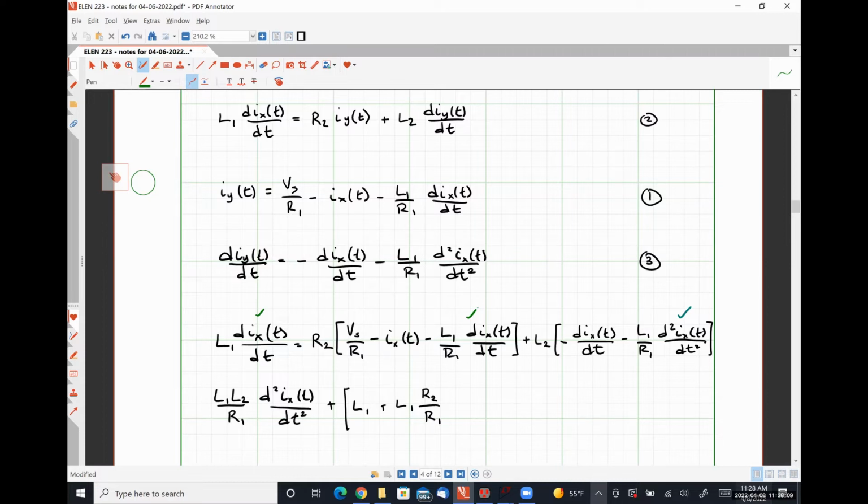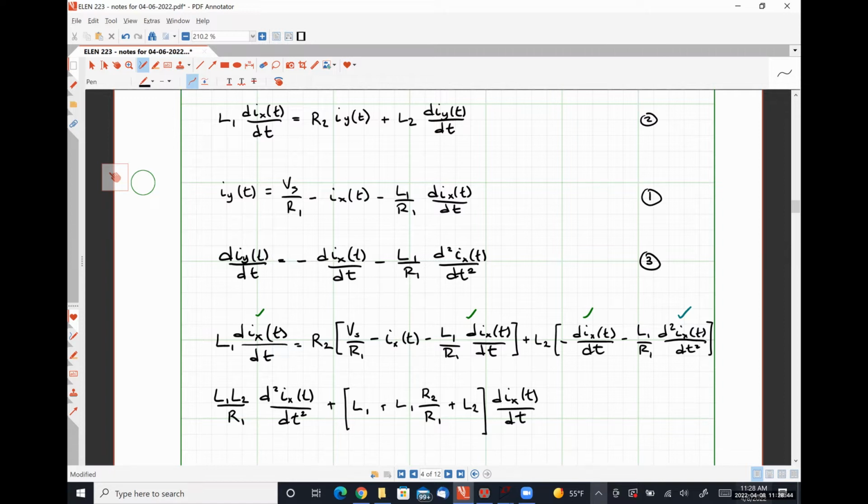When I move it to the left-hand side, I'm flipping the sign. And then finally, I'm going to have plus L2 from this term right here. All of this is being multiplied by the derivative of Ix with respect to time.